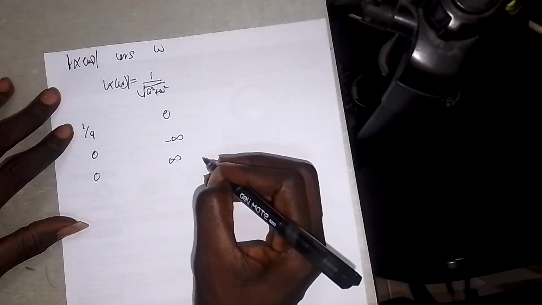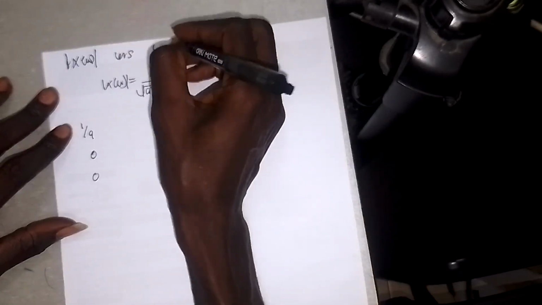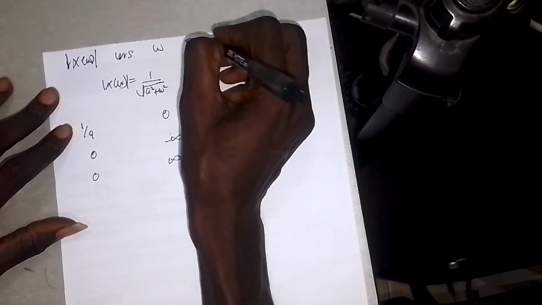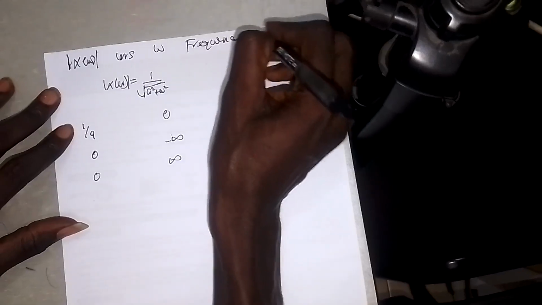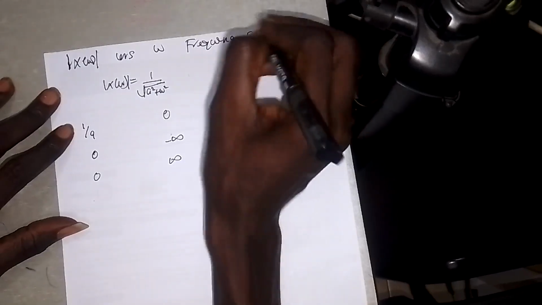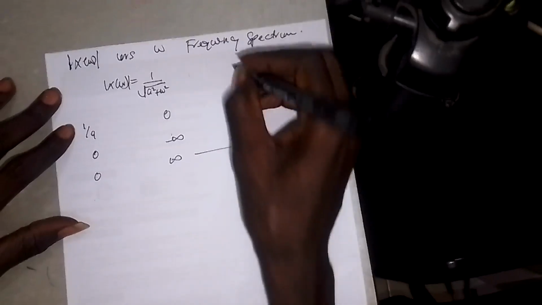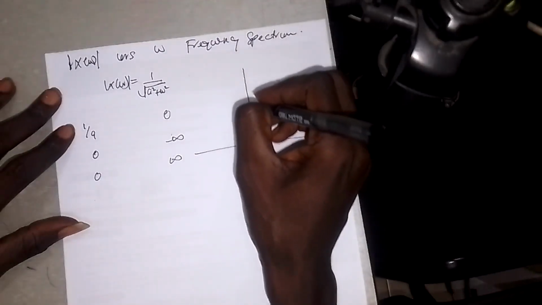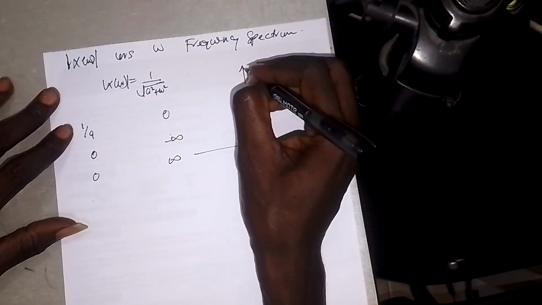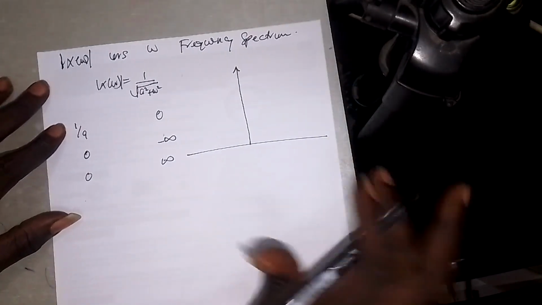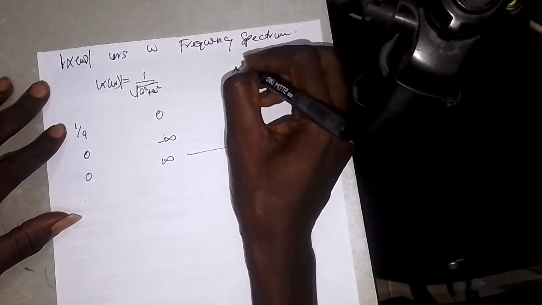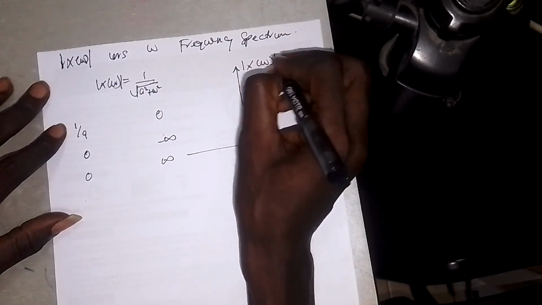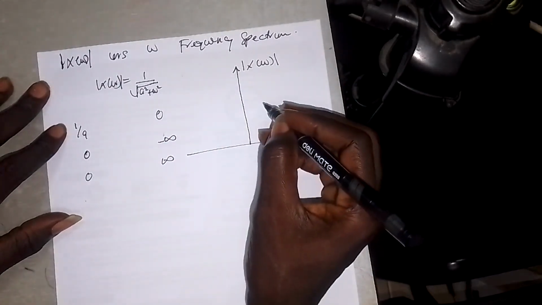So now from here, we can just plot our frequency spectrum. Here I'm just dealing with the magnitude. So it's going to be like this, with omega on the horizontal axis and X of omega on the vertical axis.